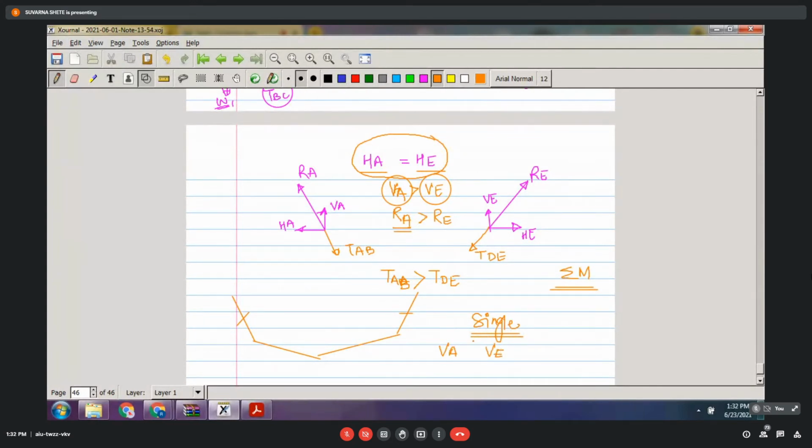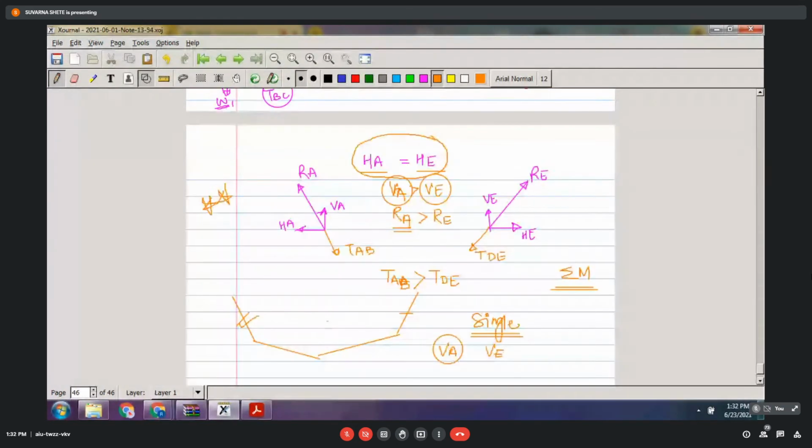Just find the relation between these two vertical components. If this is more, then definitely this reaction will be more, meaning this tension will be more. Is it clear to all? Yes, ma'am. Remember this; it is a very, very important parameter.